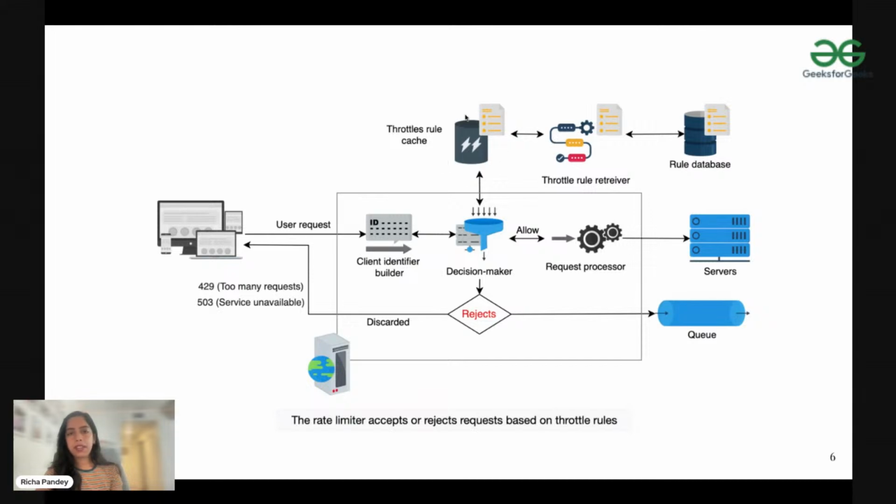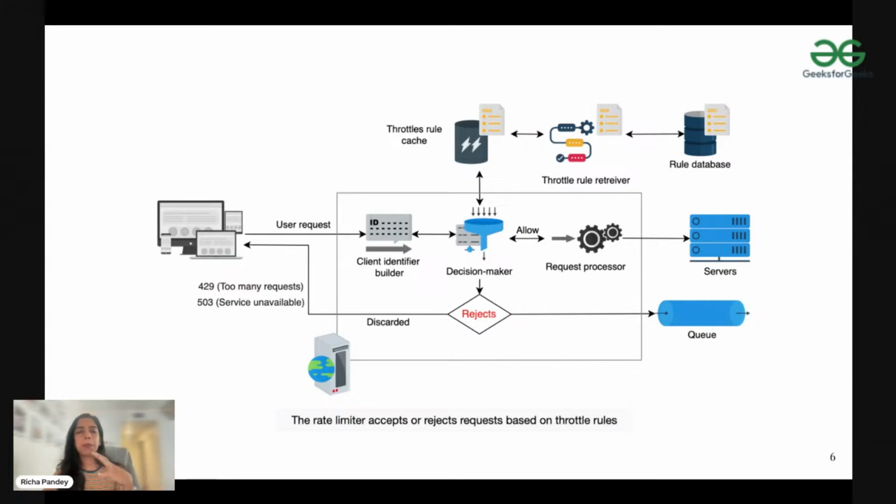The rule can be anything. If you want to limit the number of requests based on user ID, this will contain the rule that will say that for every user just allow 10 requests per minute or per second, whatever the rule is. So it will check the rule. Now if there are a lot of different criteria of rules, user ID is just one such example.